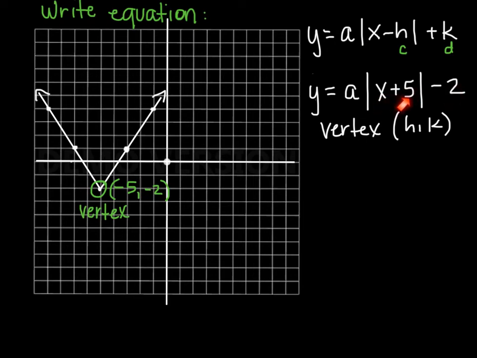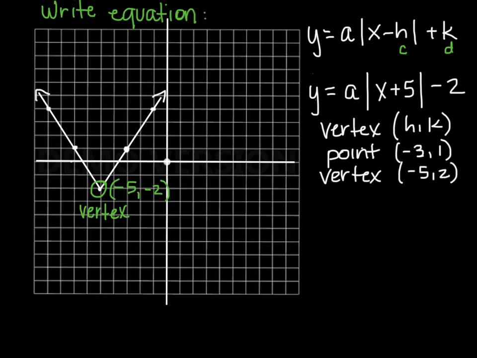Okay, but remember we do the opposite math in here, so this vertex is going to be -5, -2. All right, I now need to get another random point, so I'm going to pull the point -3, 1. And I have my vertex, which is -5, -2.